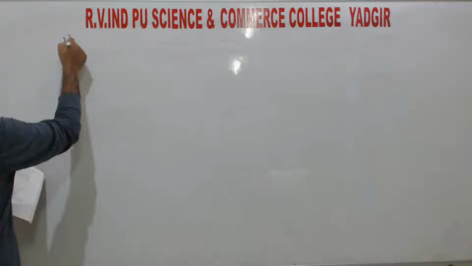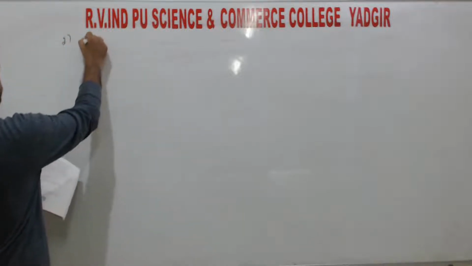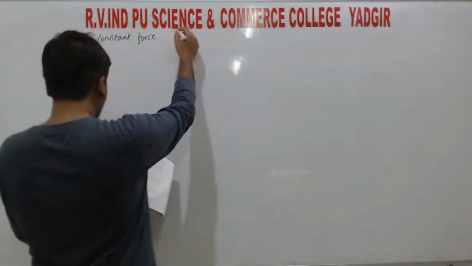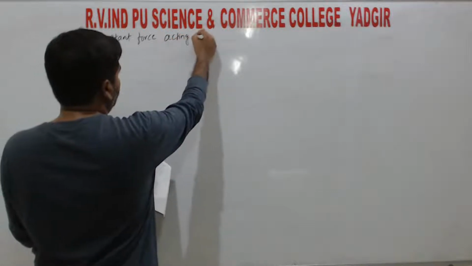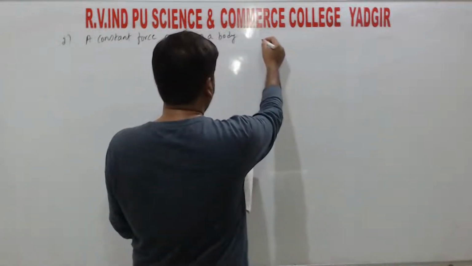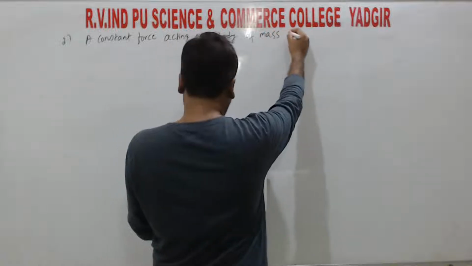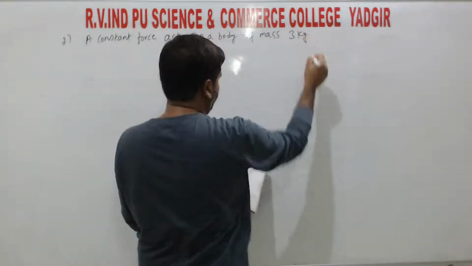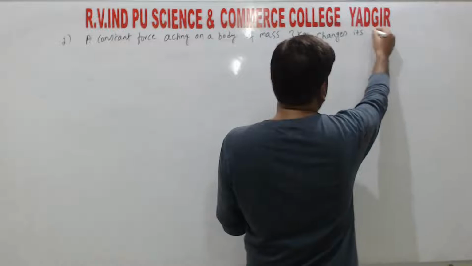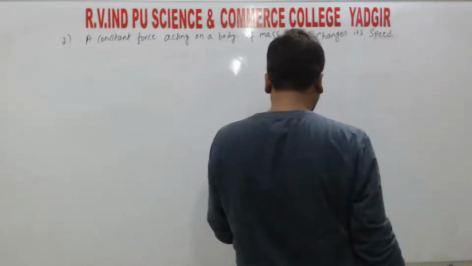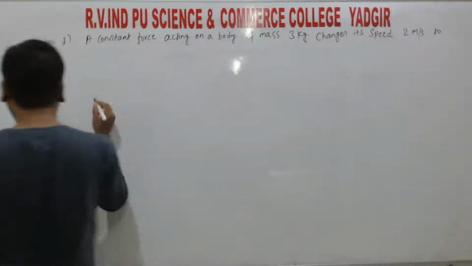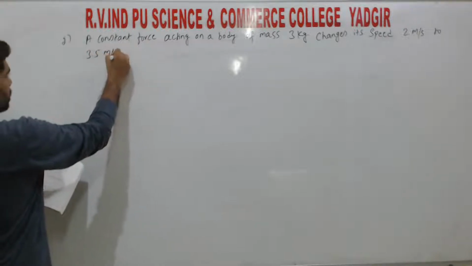Take the second question. A constant force acting on a body of mass 3 kg changes its speed from 2 meter per second to 3.5 meter per second.